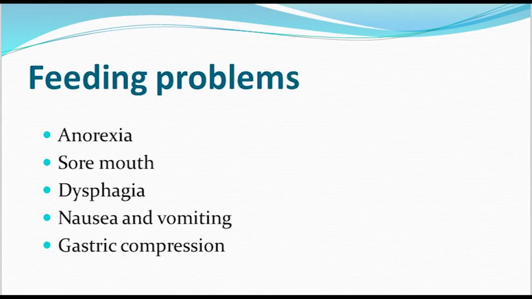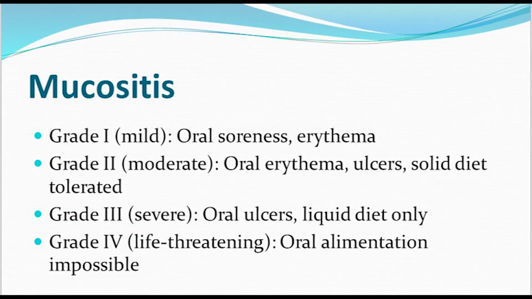So the most common GI symptoms would be feeding problems. The child has anorexia, sore mouth, dysphagia, difficulties in swallowing, then nausea, vomiting. And mucositis, sore mouth, is something we encounter very often in children who are treated for cancer, for instance, or hematological conditions.